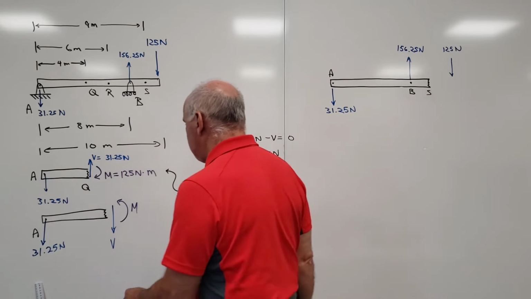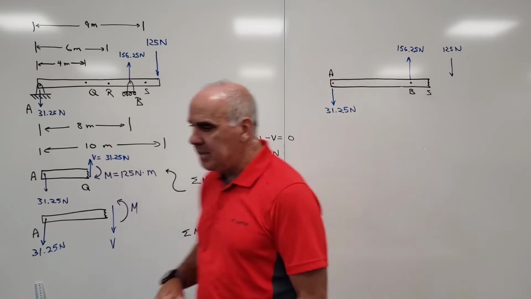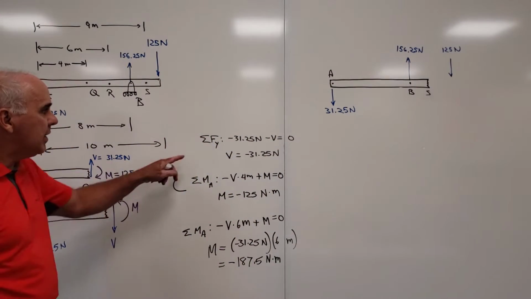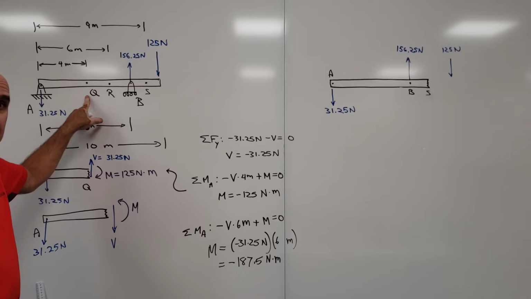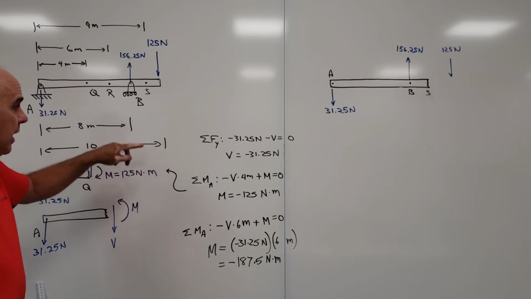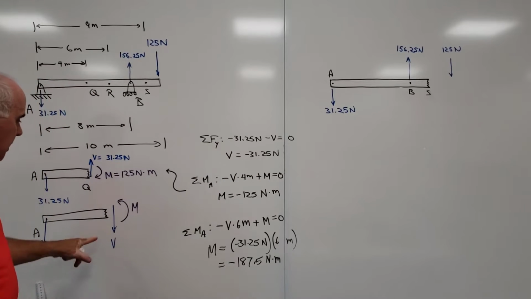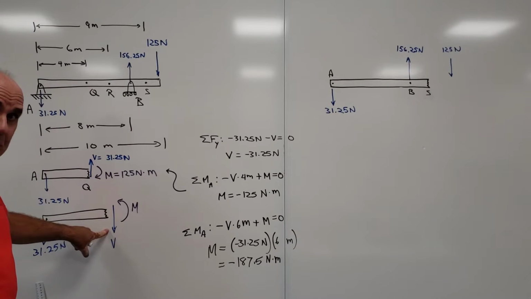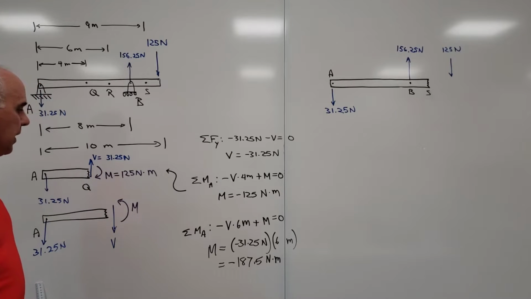And so when I do the sum of the forces in the X, I'm going to get the exact same equation, the sum of the forces in the Y, I'm going to get this exact same equation that I had at point Q. That doesn't change. And so the shear force will be 31.25 newtons negative. This points down, so negative means it's pointing in the opposite direction, so it's pointing up.